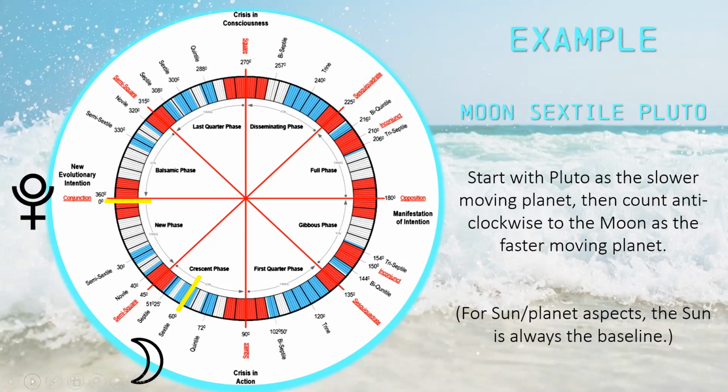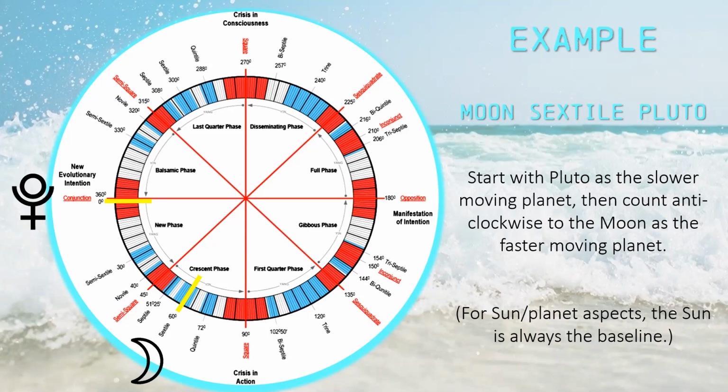So looking at this in terms of the degrees of separation, we're going to start with Pluto at the 0 degree conjunction, and then move to a 60-degree sextile, the second crescent phase sextile, starting with Pluto and then moving counterclockwise.